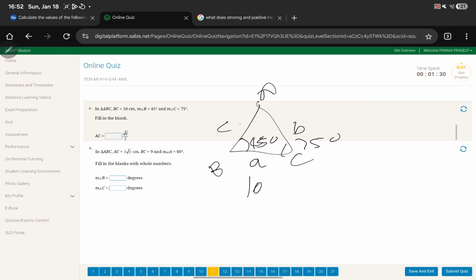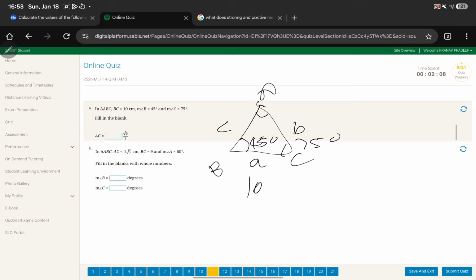Now they want to find the measure in centimeters of side AC. Okay, how do you find it? If you want to find side AC, you need to first find out the value of angle A. As we know, angles B and C are 45 and 75.